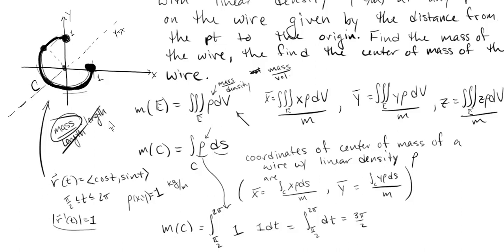And that tells us, since the density is constant around this thing, it's also got that symmetry. The same on one half of the wire as it is on the other half. And because this thing is geometrically, graphically speaking, symmetric across the y equals x line, we know the center of mass of this thing has to be along this y equals x line.